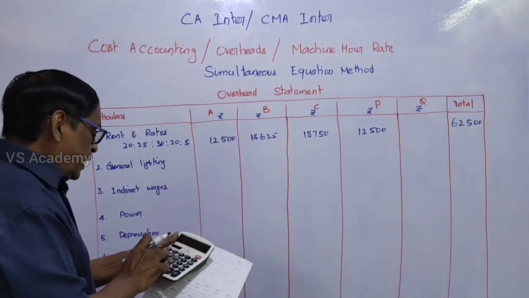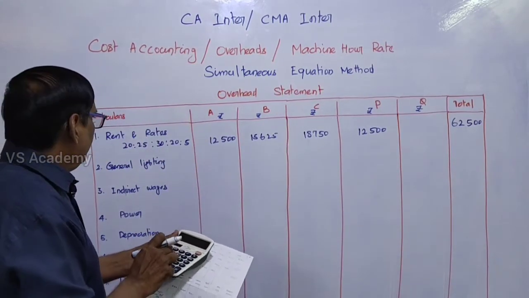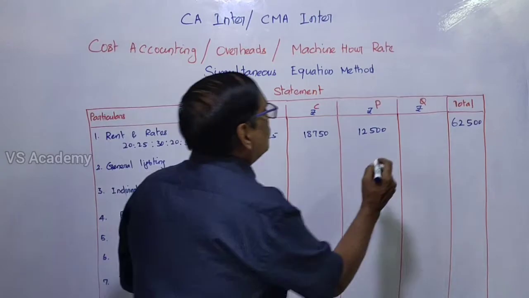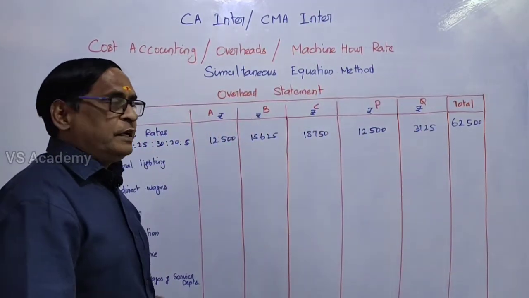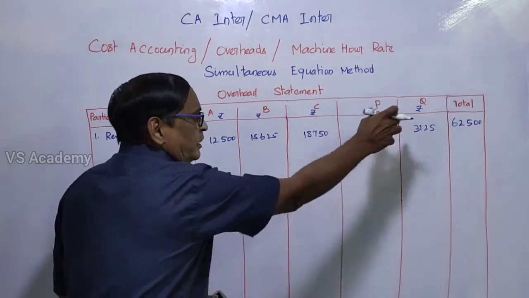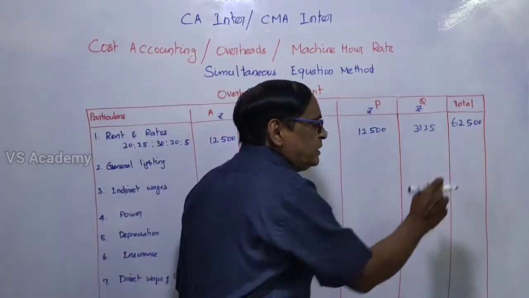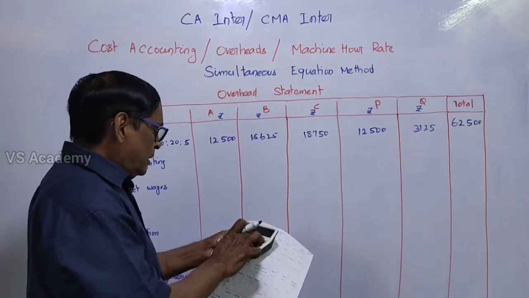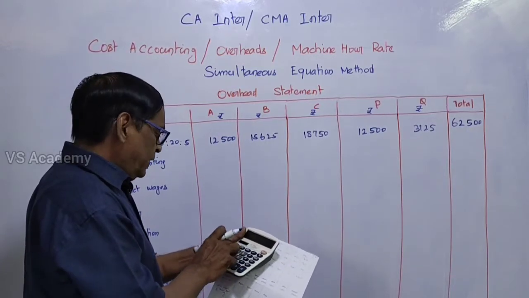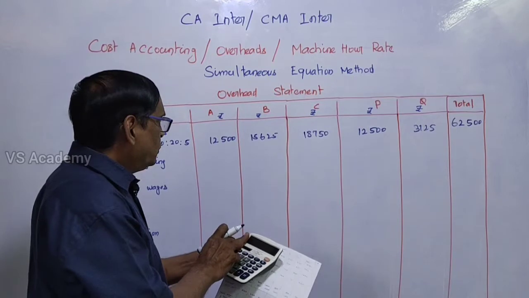And then 625 into 25 is 15,625. You can cross-check it. If we add these, it must come to this amount, that is 62,500. We will check it: 12,500 plus 12,500 plus 15,625 plus 18,750.